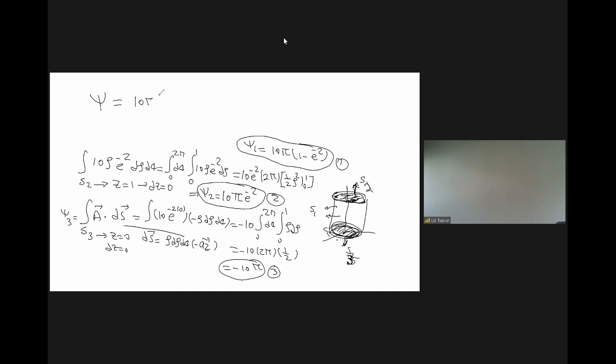It's 10 pi times 1 minus e to the minus 2, plus 10 pi e to the minus 2, that's psi 2, and minus 10 pi, psi 3. Psi 1 plus psi 2 plus psi 3 is equal to 10 pi minus 10 pi e to the minus 2 plus 10 pi e to the minus 2 minus 10 pi. This one cancels this one. The net flux through this complete cylinder is 0.